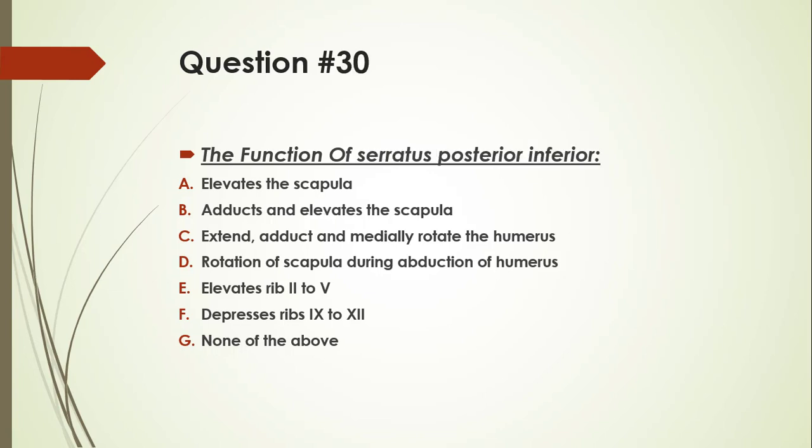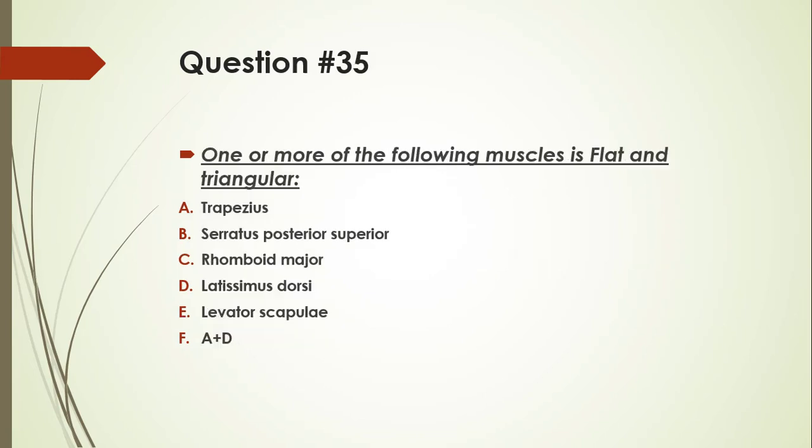The function of serratus posterior inferior is... The function of trapezius. The function of levator scapulae is... The function of latissimus dorsi. The function of serratus posterior superior. One or more of the following muscles is flat and triangular.